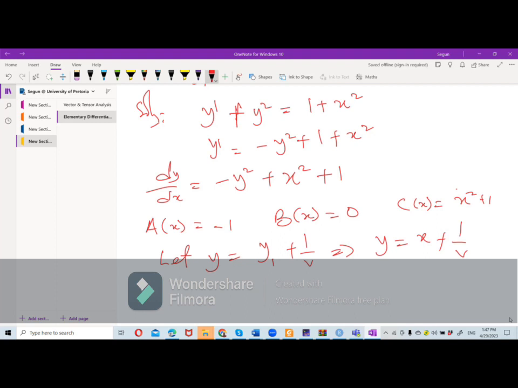Guys, I want you to go and solve it. Differentiate the y, equate it together, then solve it, and let's see your y and your final answer. So, any question for me?